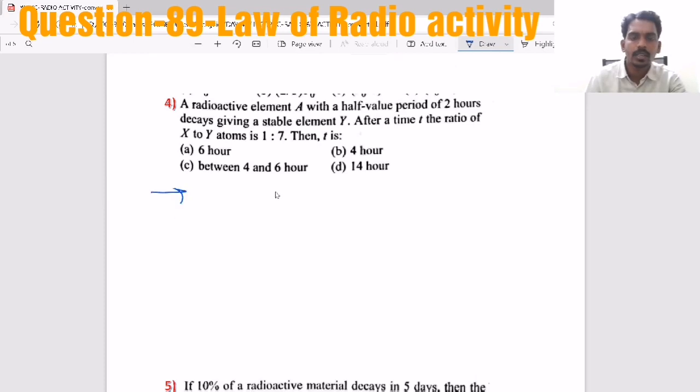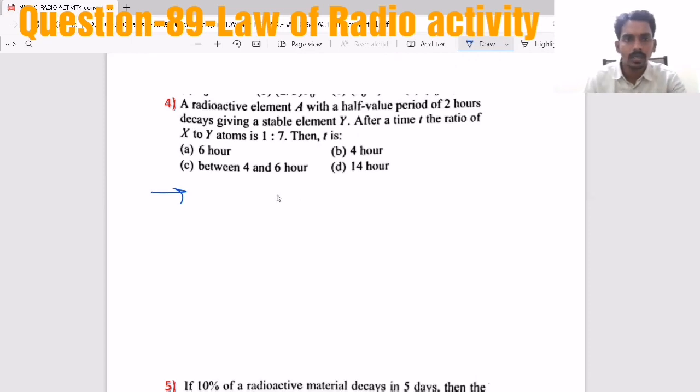Now, a radioactive element X with a half-life period of 2 hours decays giving a stable element Y. After a time T, the ratio of X to Y atoms is 1:7. Then T is?